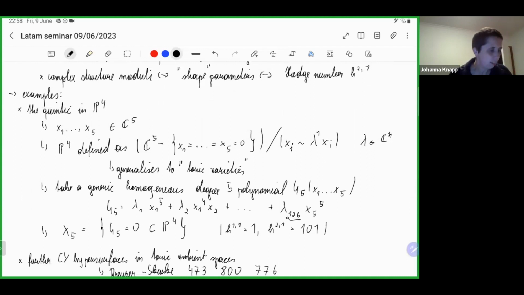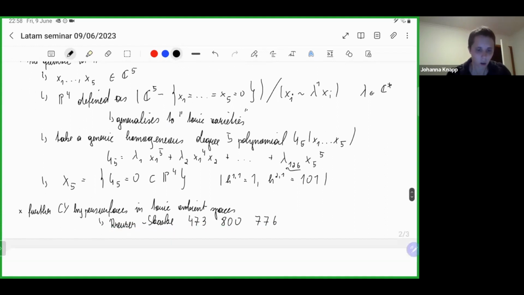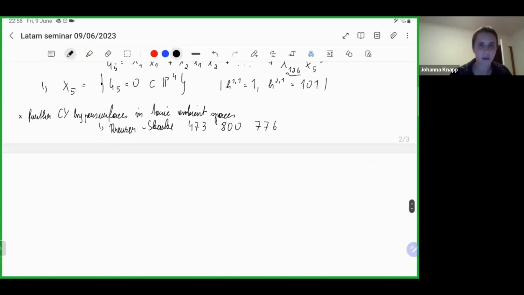Instead you're looking at Grassmannians or flag manifolds or something like this. And in this case, the gauge linear sigma model has actually been one way of finding new types of constructions of Calabi-Yaus. All right, any questions about this?